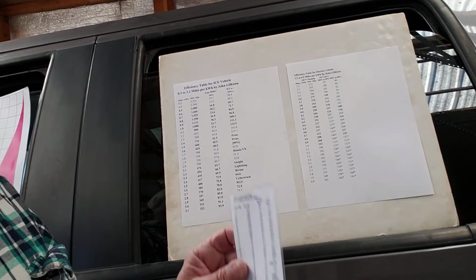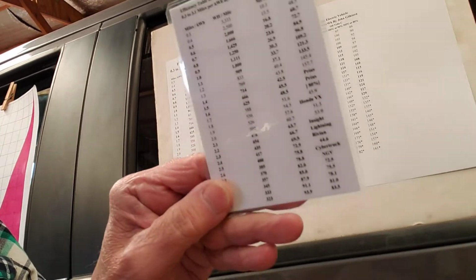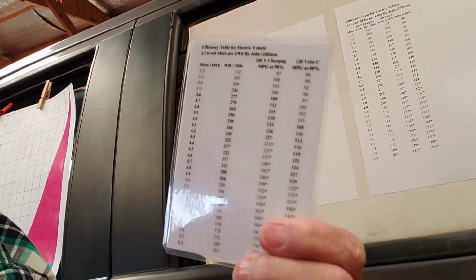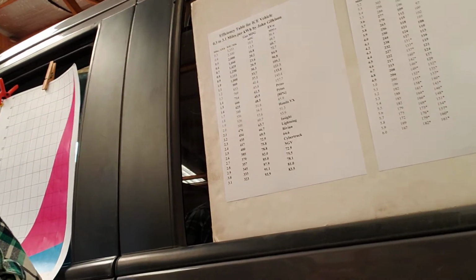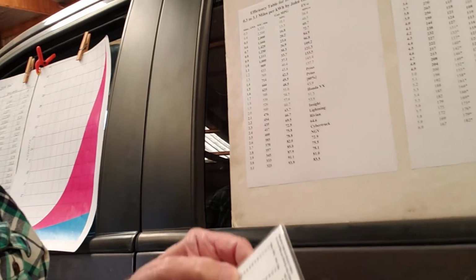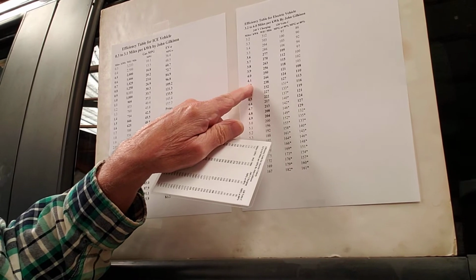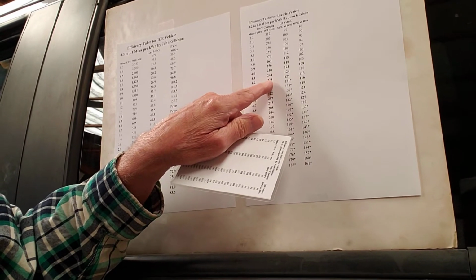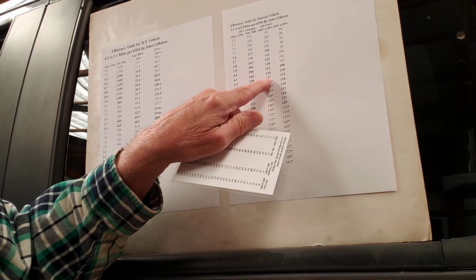And so originally I came up with a card based on these two charts here, which is, again, about 3.5 by 5, and you throw it in your glove box. And when you're driving down the road and you see, well, I'm getting 4.2, right here it is, 4.2 miles per kilowatt hour, means I'm using 238 watt hours per mile.